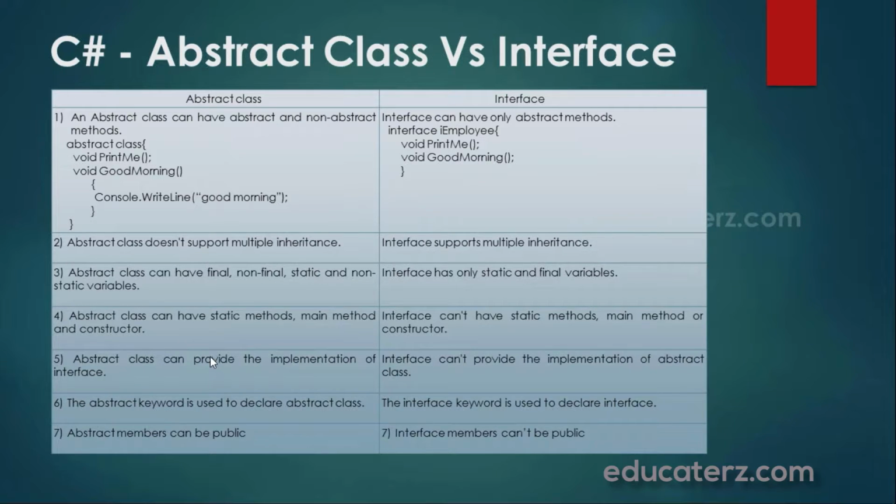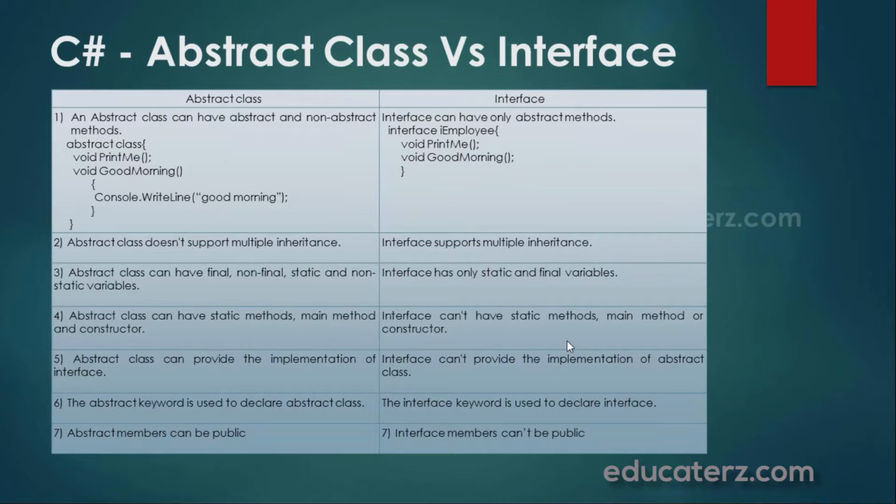Whatever method you declare here, you should give implementation in the child classes. Practically, this class will have been inherited in so many places. So if you give only a declaration here, you should provide implementation wherever this class is inherited. If you go with an interface, that would be a cumbersome job, because if you want to provide your end users edit functionality, you will write void edit customer here.